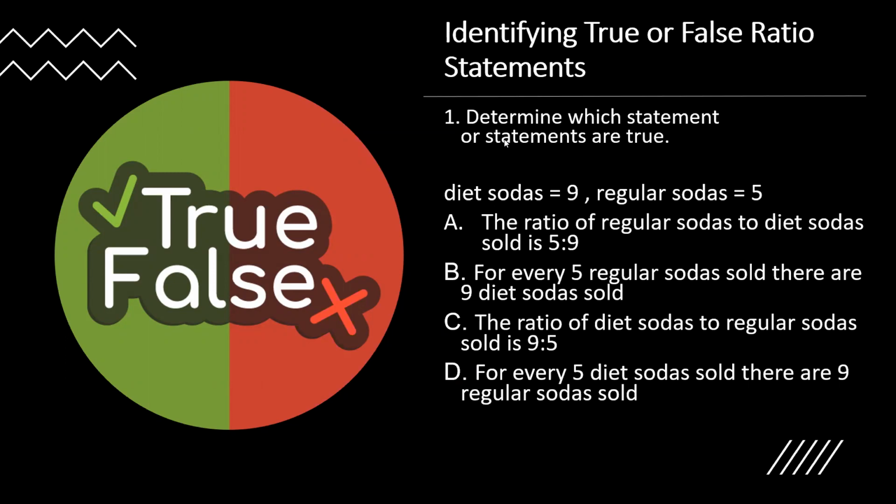Diet sodas equal 9. Regular sodas equal 5. A. The ratio of regular sodas to diet sodas sold is 5 to 9. B. For every 5 regular sodas sold, there are 9 diet sodas sold. C. The ratio of diet sodas to regular sodas sold is 9 to 5. D. For every 5 diet sodas sold, there are 9 regular sodas sold.